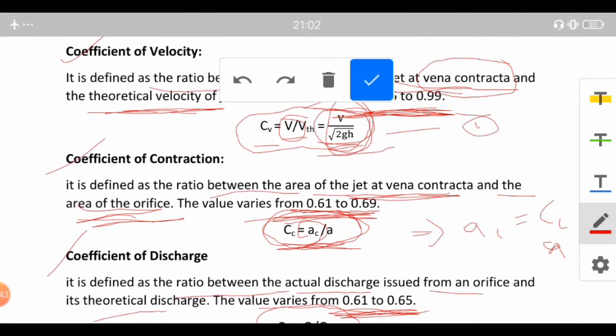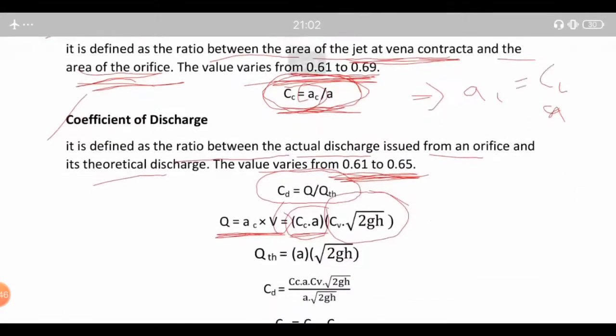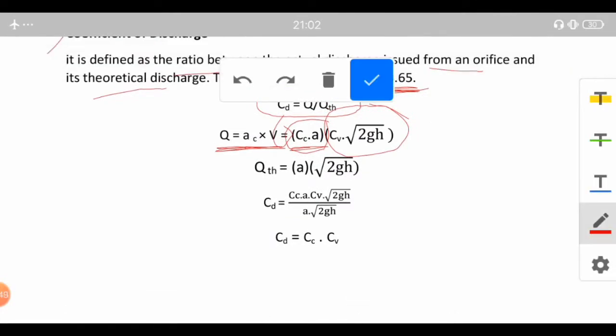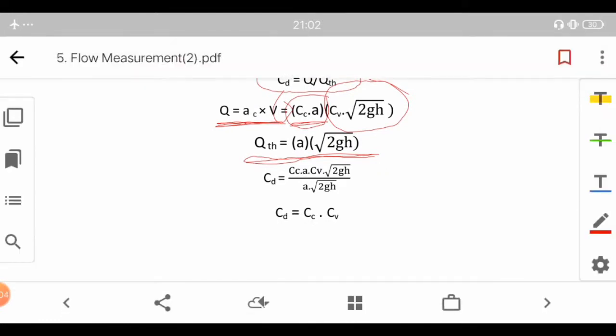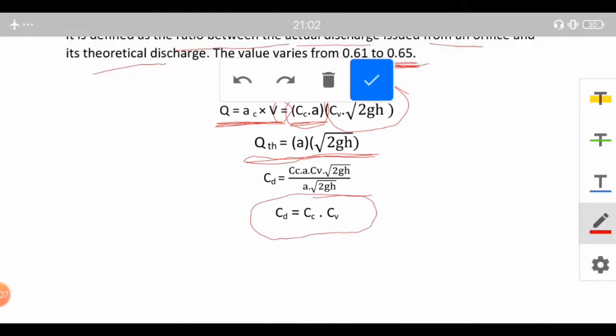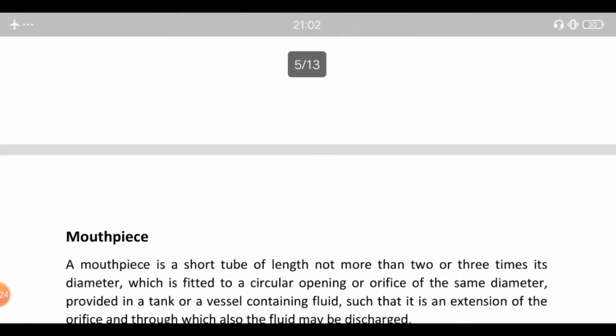And we have Q over here, and the Q thus obtained will be somewhat like this, because the product of Cc and Cv will be equal to CD. CD is equal to Cc times A times Cv times root 2GH upon A root 2GH, and thus CD is equal to Cc times Cv, and thus Q theoretical is A times root 2GH.